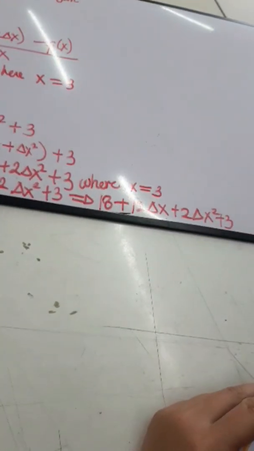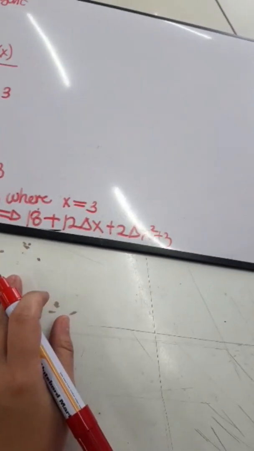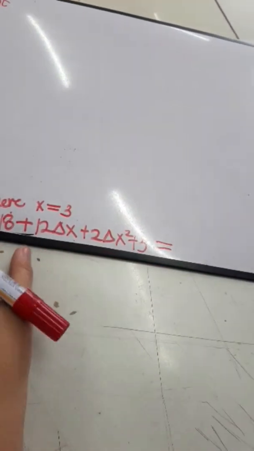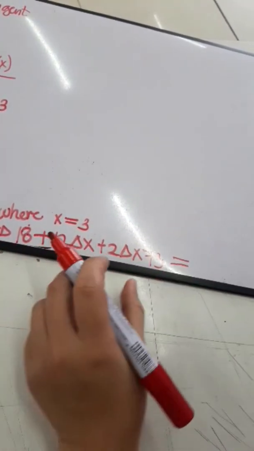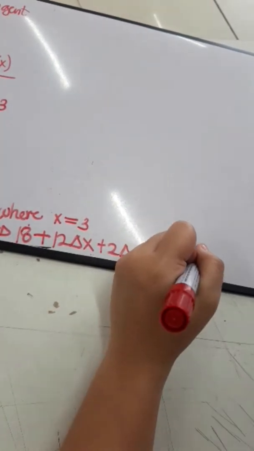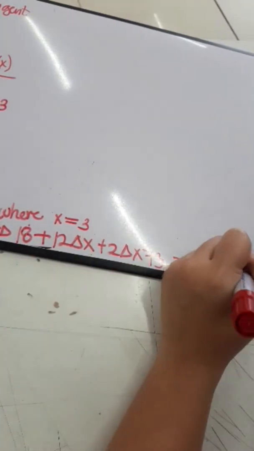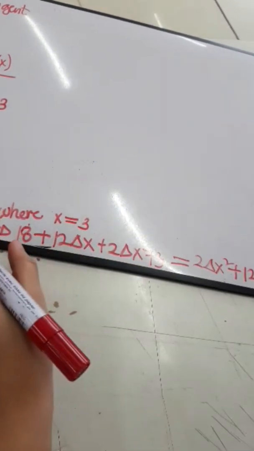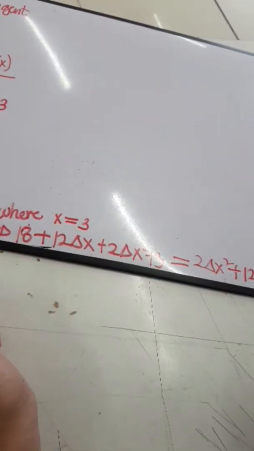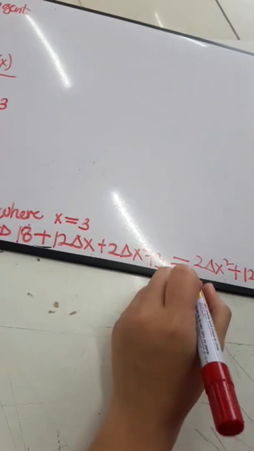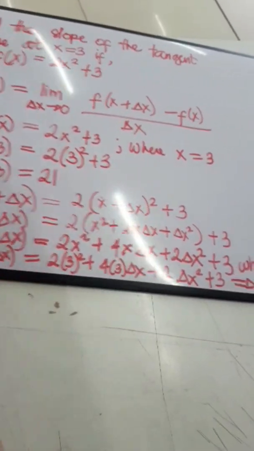We can simplify 18 and 3. Let me arrange it, class: first 2 delta x squared plus 12 delta x, then 18 plus 3 is 21, so plus 21. So we have our f of 3 plus delta x.